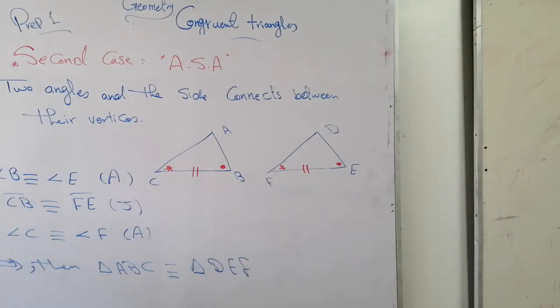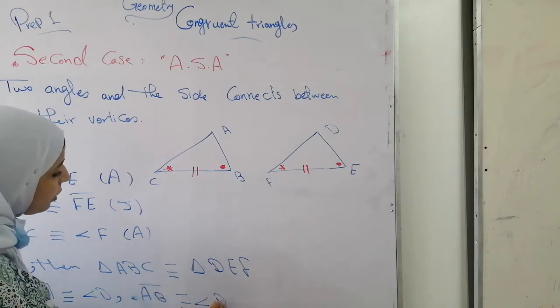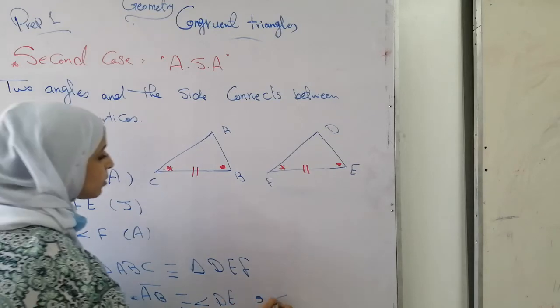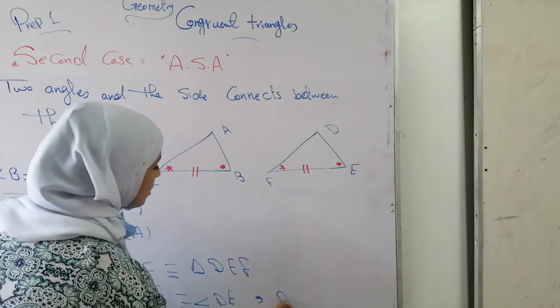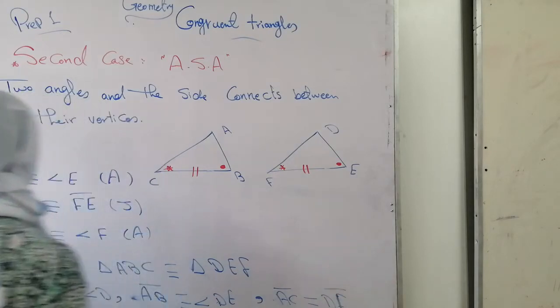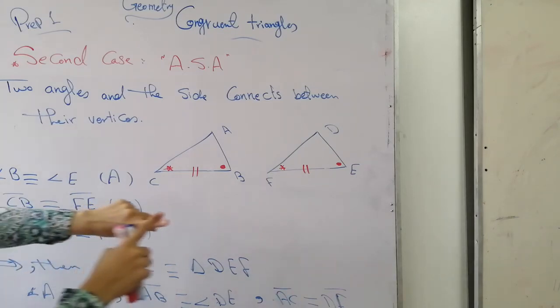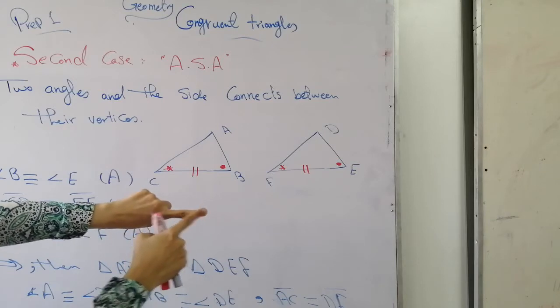What should I deduce here? That angle A is congruent to angle D, side AB is congruent to side DE, and side AC is congruent to side DF. So this is the second case, angle, side, angle.